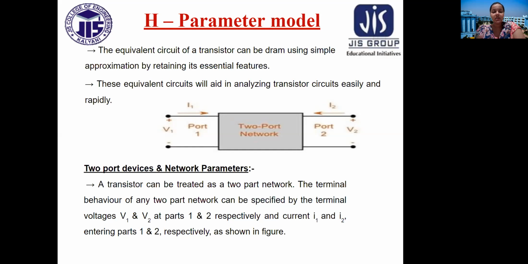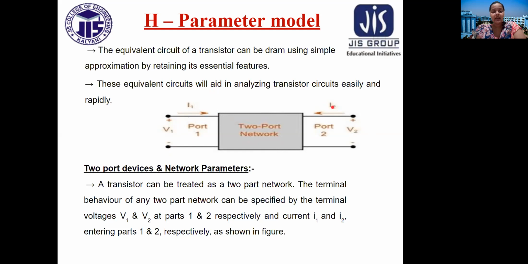These equivalent circuits will aid in analyzing transistor circuits easily and rapidly. This is a two-port network where the input voltage is V1 and I1 is the input current, whereas for port 2 the output voltage is V2 and the current is I2.